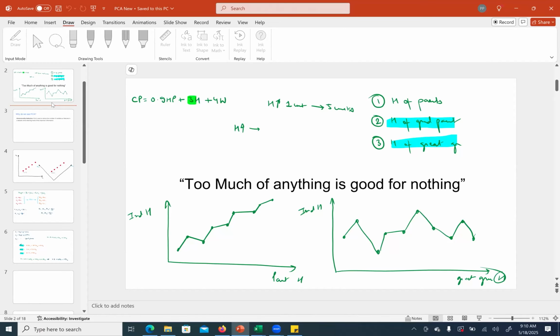But the problem is when we have too many variables, okay? And how do we define too many variables, right? When we say too many variables, it is always defined in terms of number of rows, okay? Now, if I have 100 rows, even 10 variables are a lot of variables, okay? Because there are 10 columns and there are 100 rows.